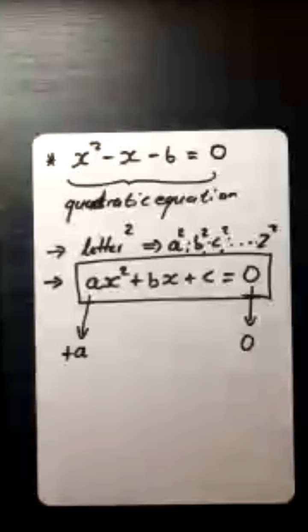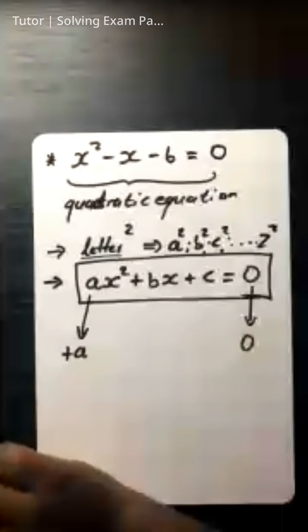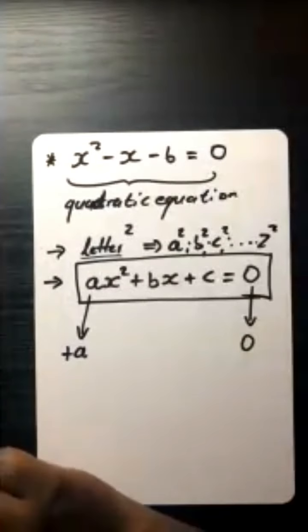So, Shreyas, based on this information that I've explained to you, I'm going to bring three equations. It's because of that x squared, because of that letter squared, that is the first reason why I'm saying that is a quadratic equation.